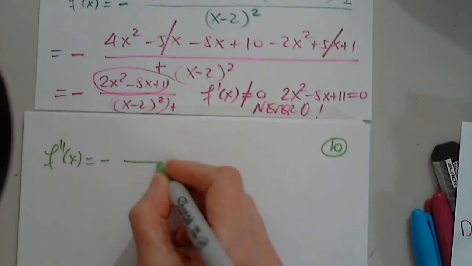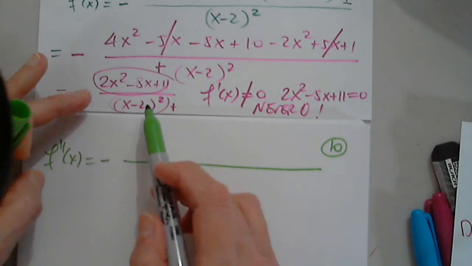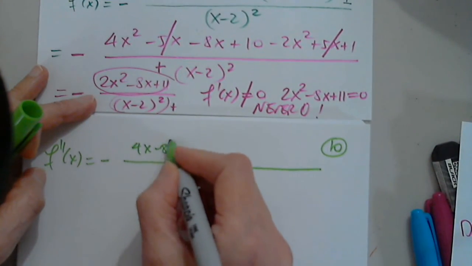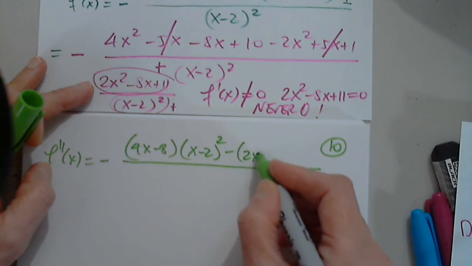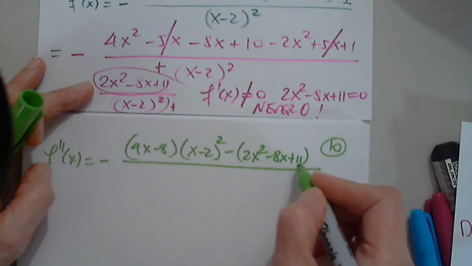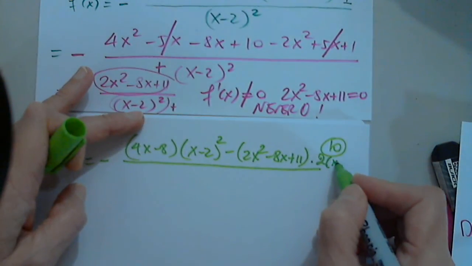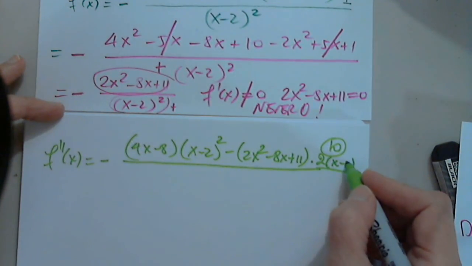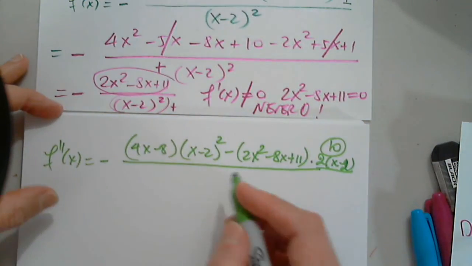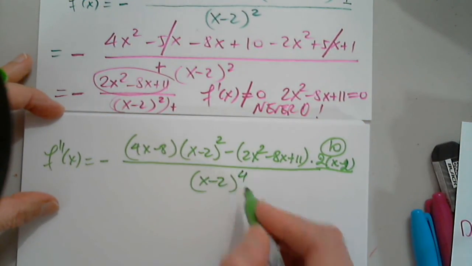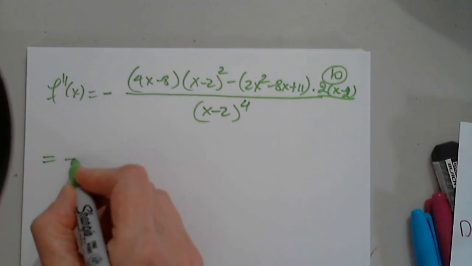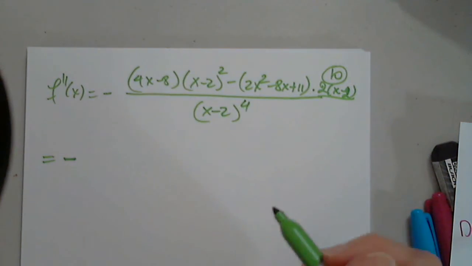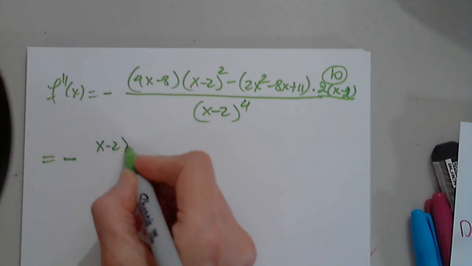Okay, negative outside. Okay, the top prime, 4x minus 8 times the denominator minus the top times the denominator prime, just 2 times x minus 1 minus 2, of course, because the denominator prime is 1. Okay, x minus 2 to the 4th power. Yes, please do not multiply. Please. Right, now I have to say it. Factor out x minus 2.